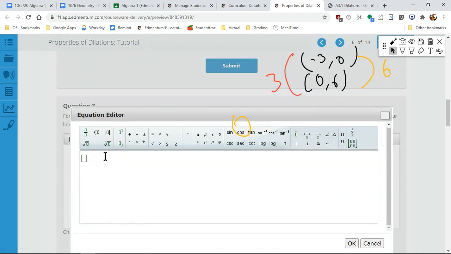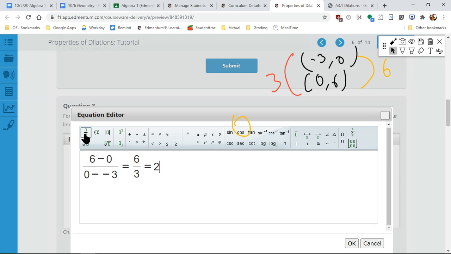You can do the formula as 6, or obviously it's a slope because it's rise over run. 6 take away 0 over 0 take away -3. And this will give you that 6 over +3, which ends up being 2.